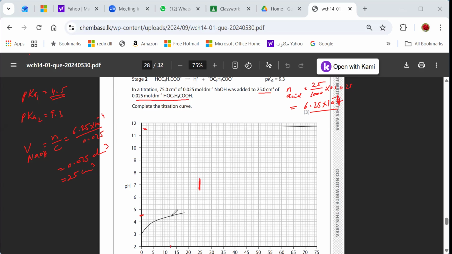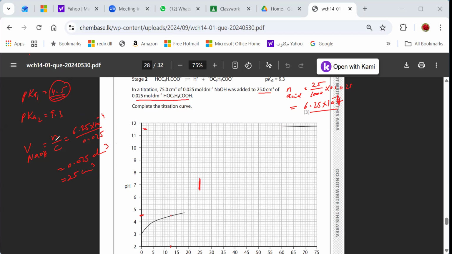You will see that the pKa is, as they said, 4.5. So the pKa value is equal to the pH at half the equivalence point. Either you get the half equivalence point, and then you know that the equivalence point will be double that, or else you do the calculations.